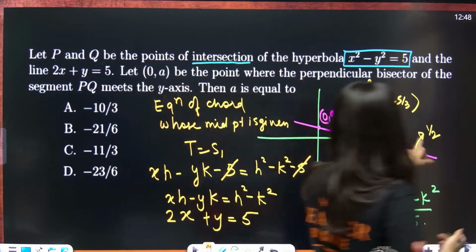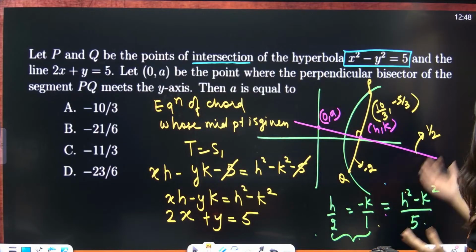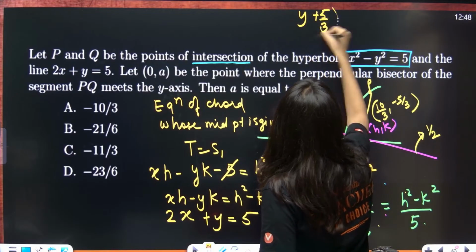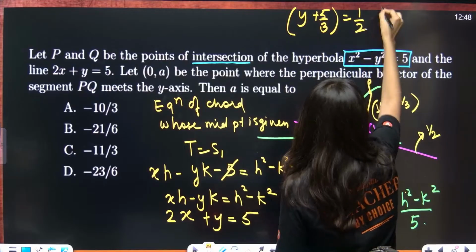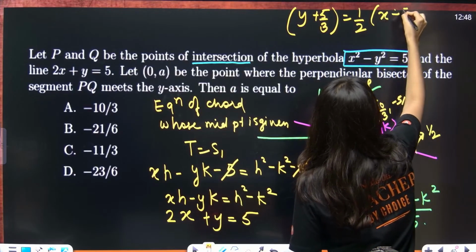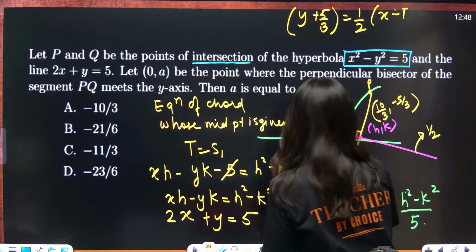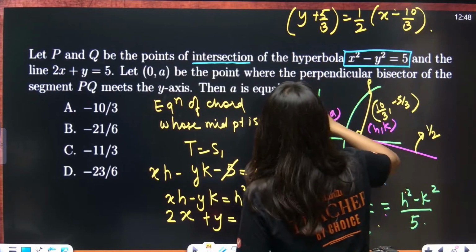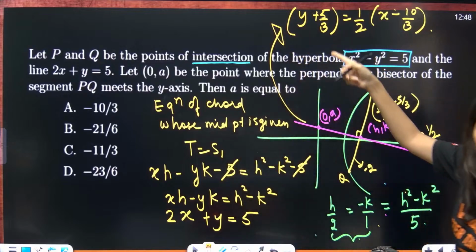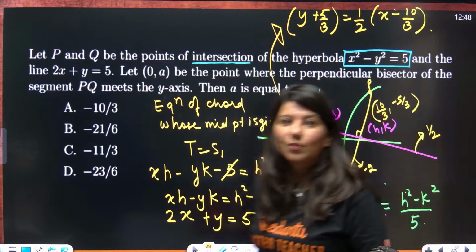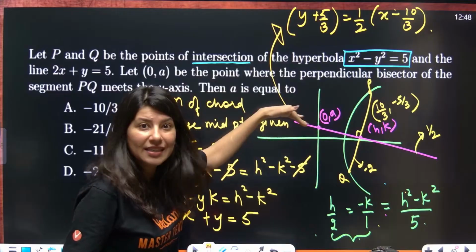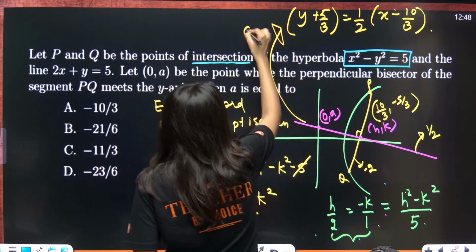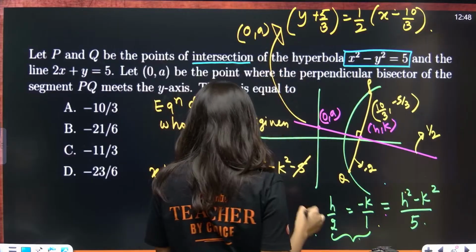So now you have the slope and this point. So what you can do is write this equation: y plus 5 by 3 is equals to half x minus 10 by 3. Correct? Now this is the equation of the perpendicular bisector. Now put x is equals to 0, because this line is passing through (0, a).